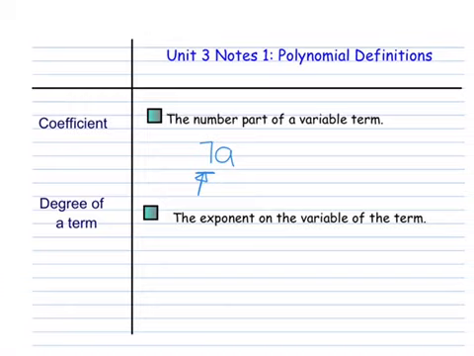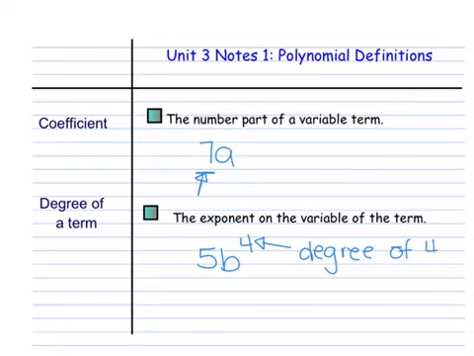So if I were to give you 5b to the 4th power, this power or that exponent tells me the degree. That would tell me it's a degree of 4. When you're looking at this, you always want to look for the highest exponent in your polynomial to find the degree.